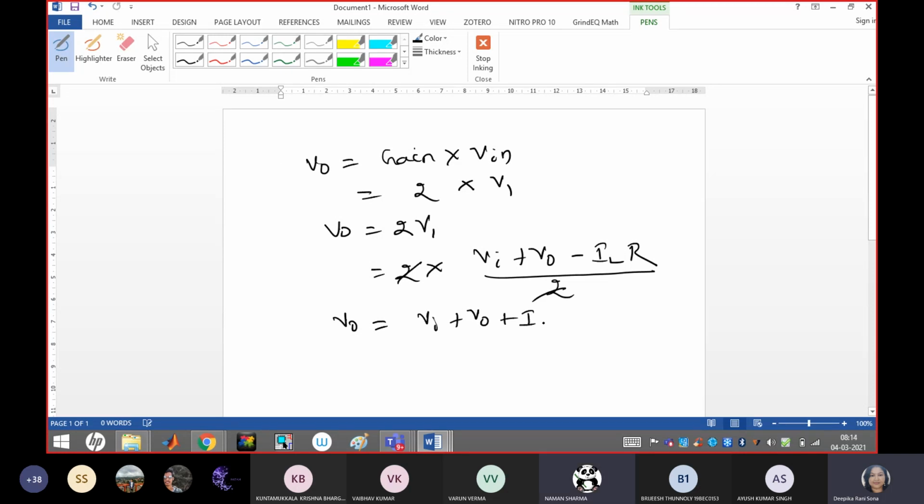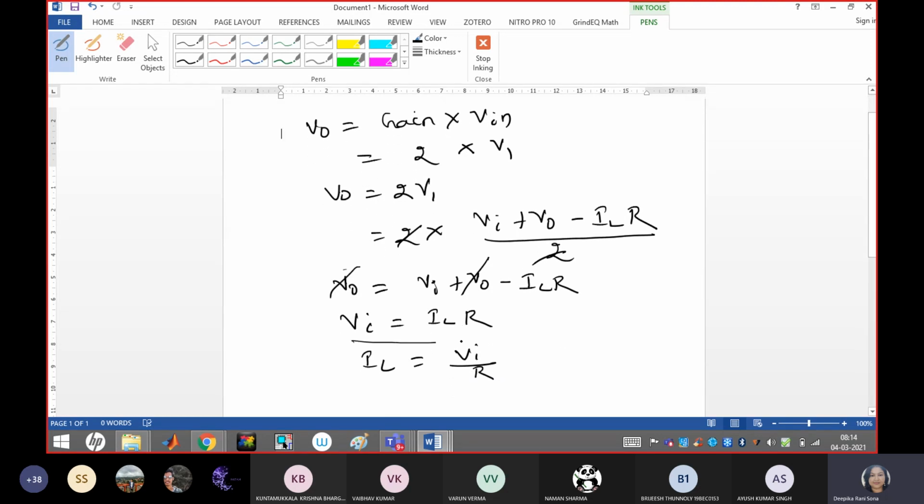Vi plus V naught minus ILR minus ILR. So here V naught can be written in terms of IL, and Vi can be written as ILR. IL equal to Vi by R. So now we can place the relation, right?